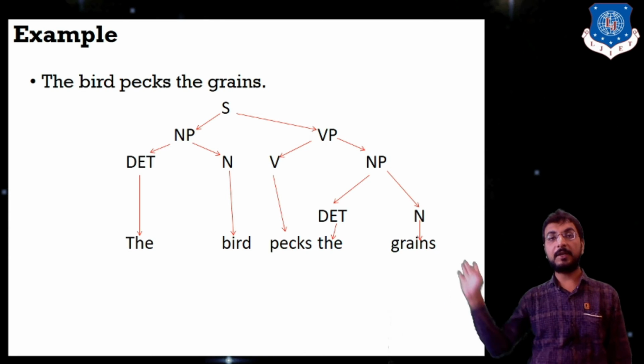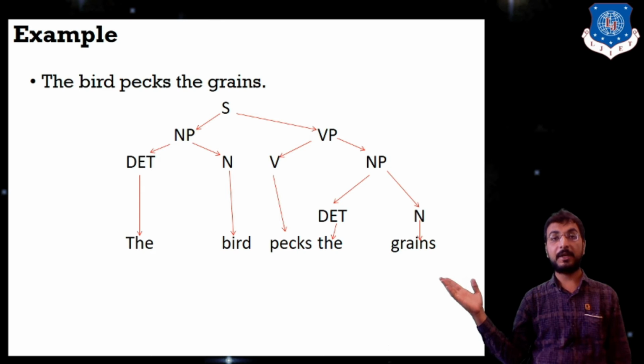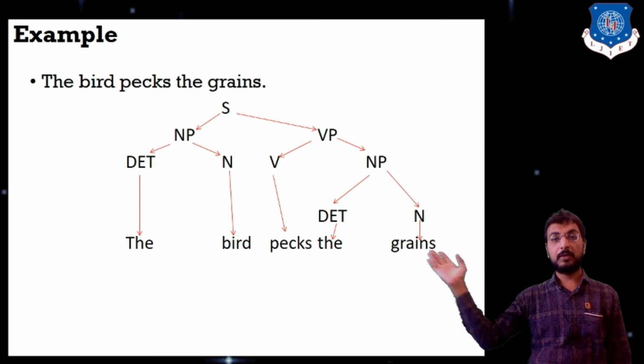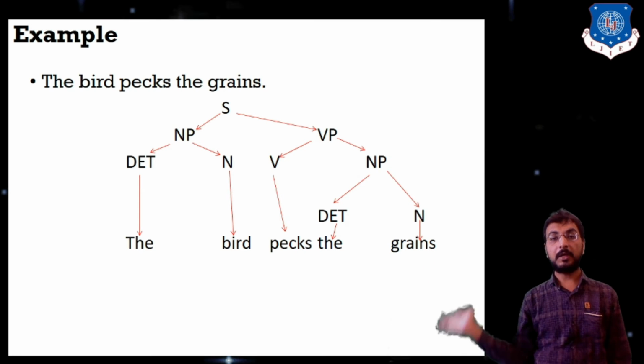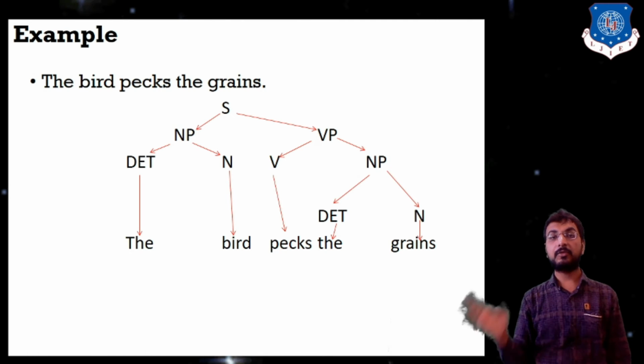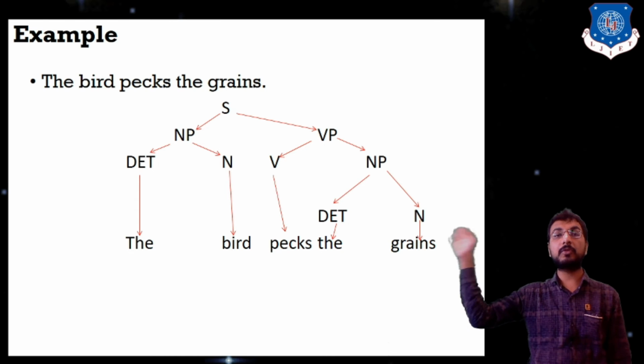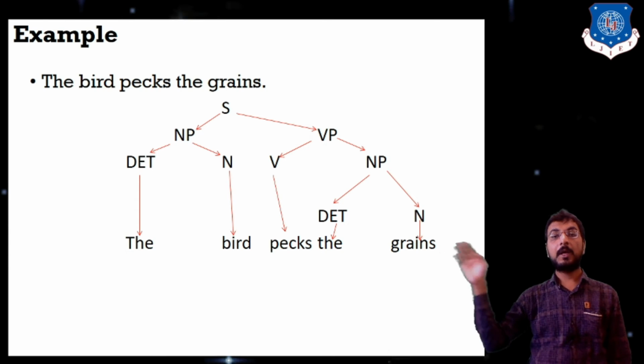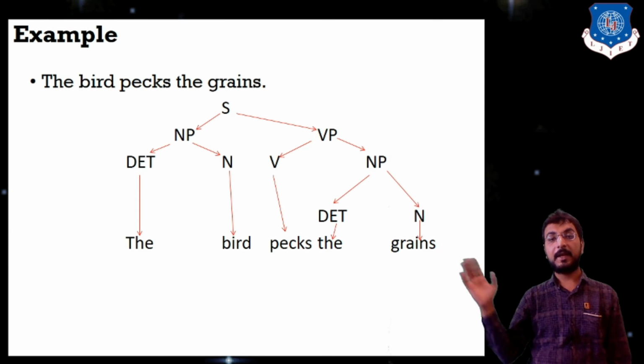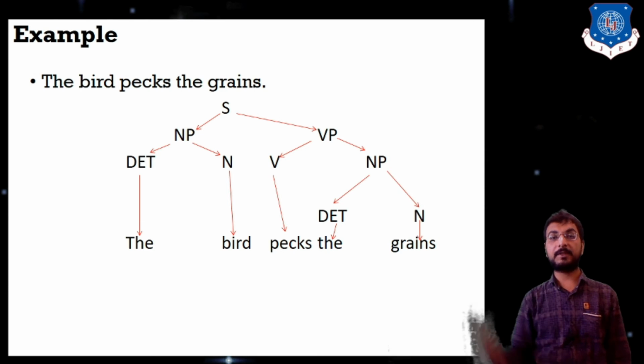The is a determiner, or we can say an article. Bird is a noun, pecks is a verb, the is again a determiner, and grains is a noun. So determiner plus noun, the bird, will produce a noun phrase. Again, determiner plus noun, the grains, will produce a noun phrase.